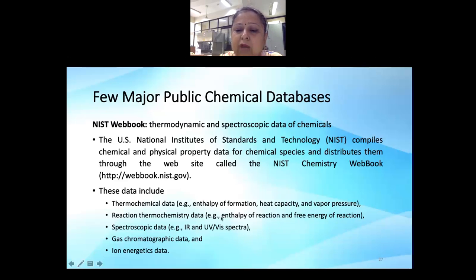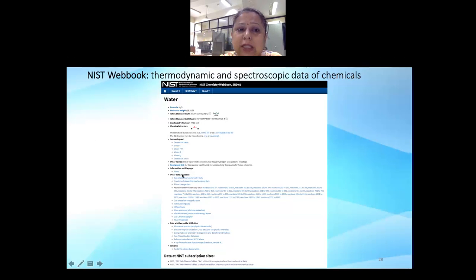reaction and free energy of reaction, spectroscopic data like IR and UV-visible spectral data, gas chromatographic data, and ion energetics data. So NIST WebBook looks like this, and here you just see we are searching for water, so it gives its formula, IUPAC name, CAS registry number, chemical structures.